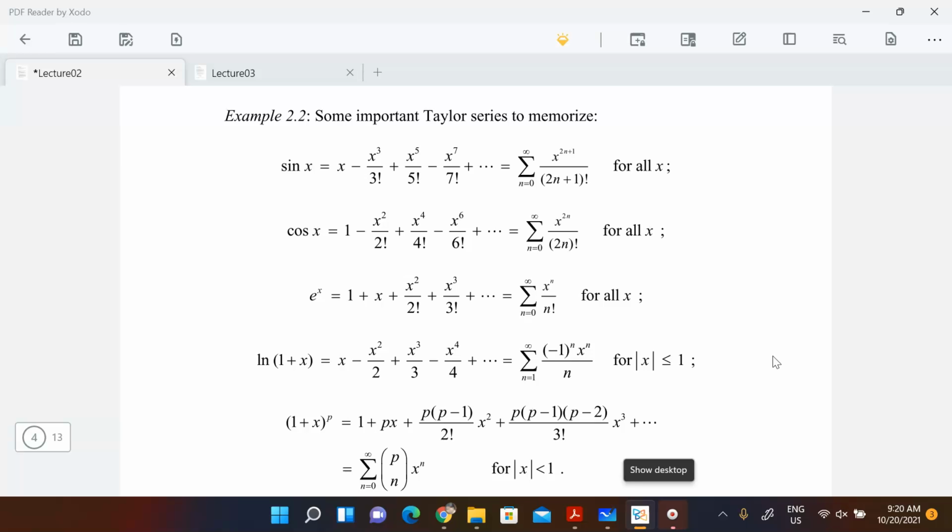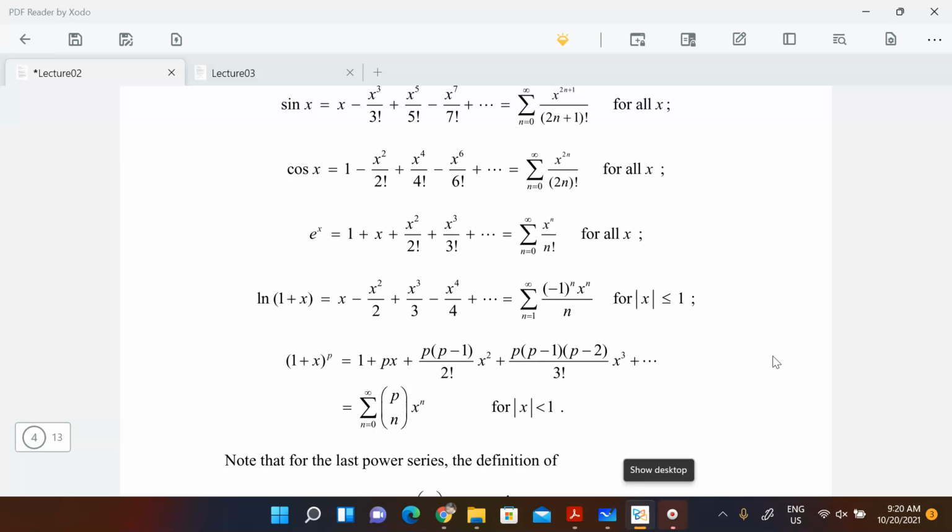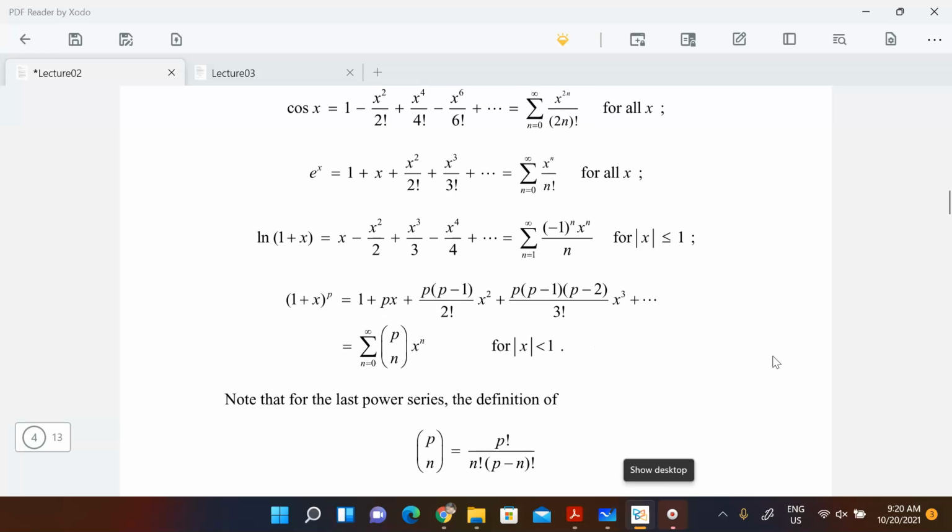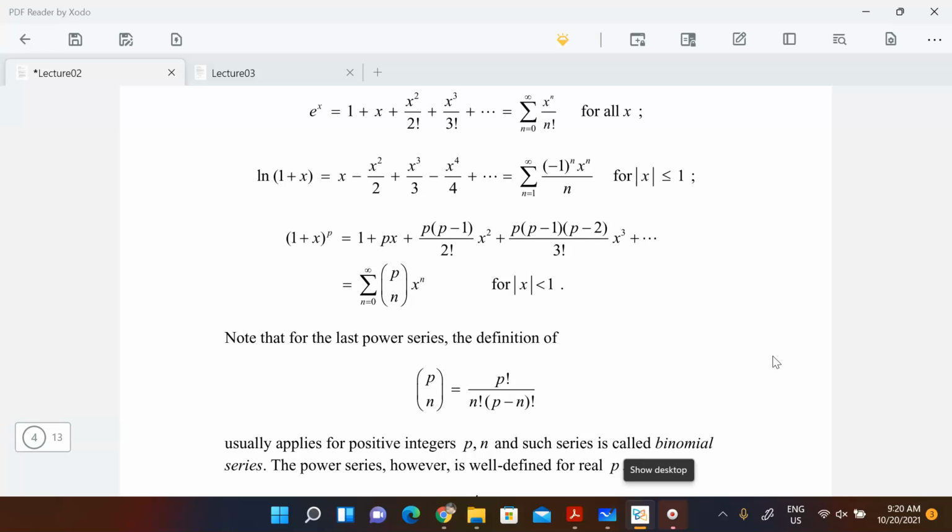This is for sine x, and then you have your cos x, which you should try to do, and of course you can do it for the exponential. One nice thing about the exponential is that you have all the powers of x, only divided by the factorial.